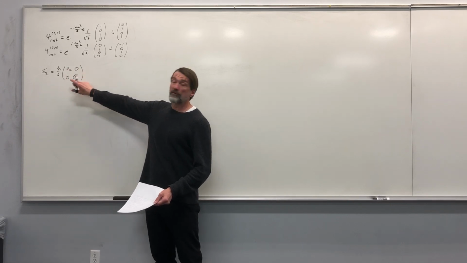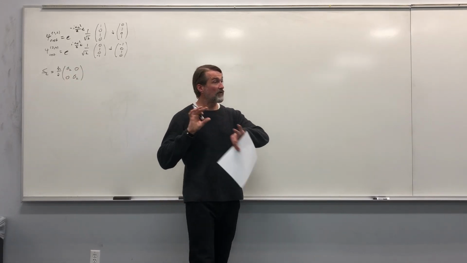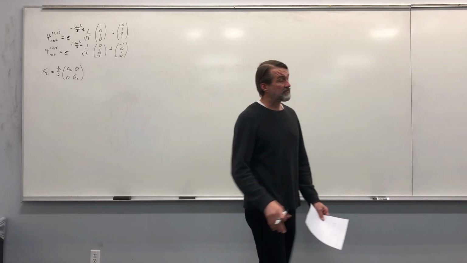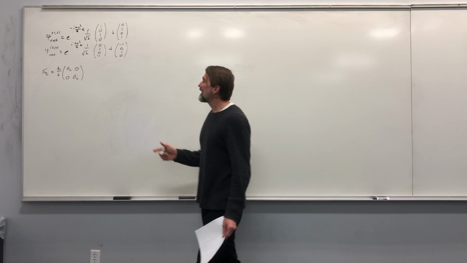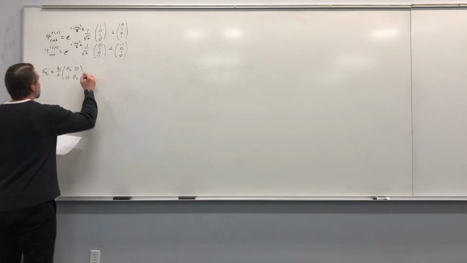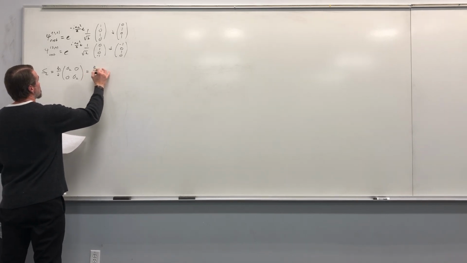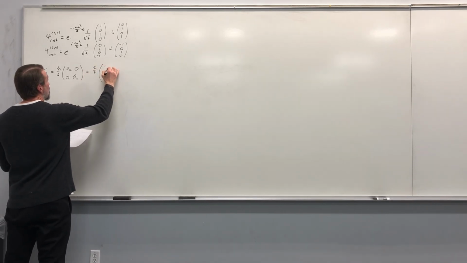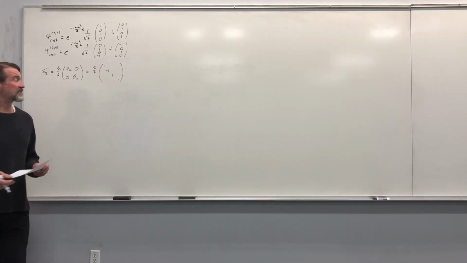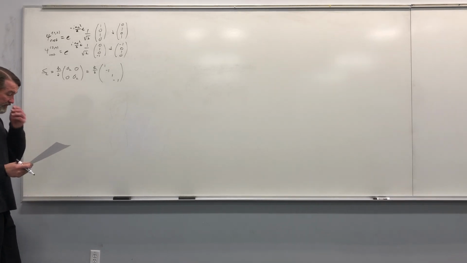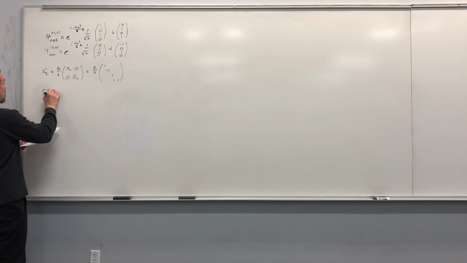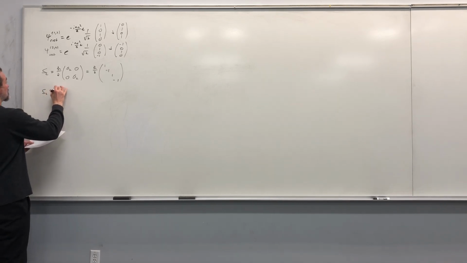So this is a 4x4 matrix written in terms of smaller 2x2 matrices, and the zeros are 2x2 zeros. Explicitly, it's 1, minus 1, 1, minus 1. It's not quite the identity, but it has ones down the diagonal with a few special minuses.